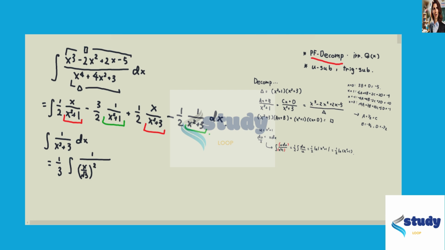So here, the first step that we can take is to factor out a 3 and make it look like this. This is x divided by root 3 squared, because if I take out a 3 and pull a square out of it, it'll be a square root.